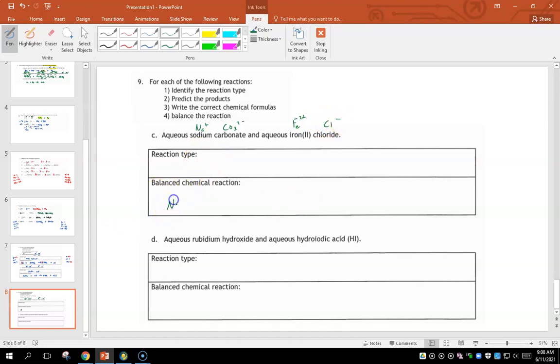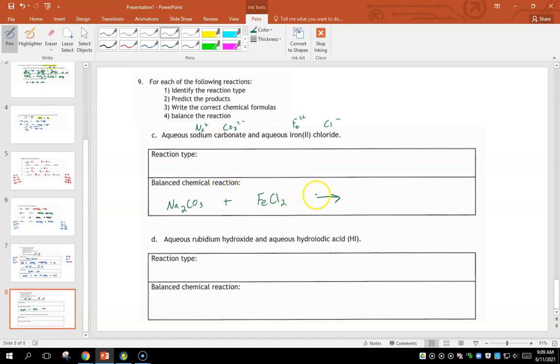So it's going to have to be Na2CO3. I had to add that 2 subscript because carbonate's a -2. So we need 2 sodiums and just 1 carbonate, plus iron 2 chloride. So this is going to be FeCl2.